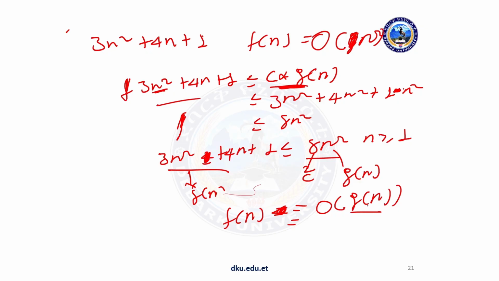What is the value of g of n? G of n is n squared. So f of n is big O of n squared, when n is greater than or equal to 1 and the value of c is 8.